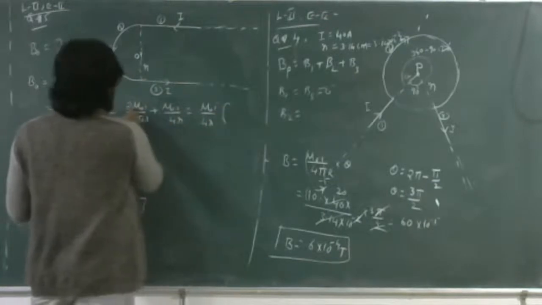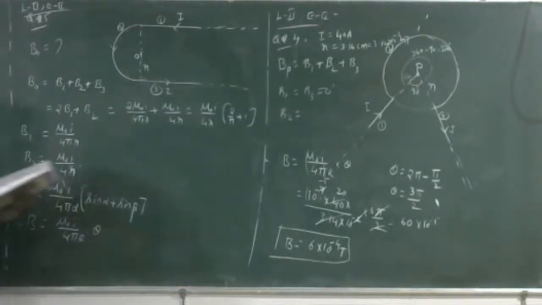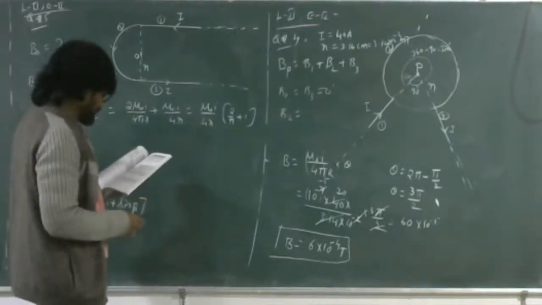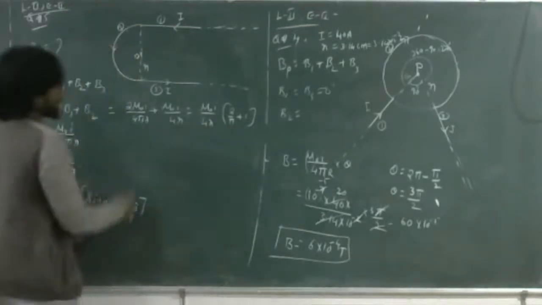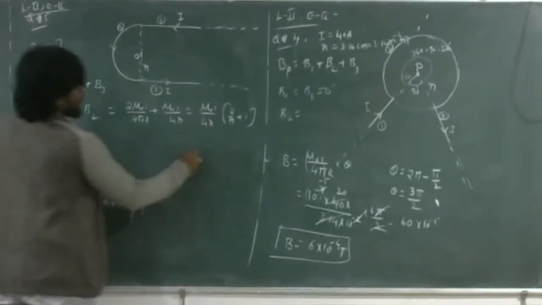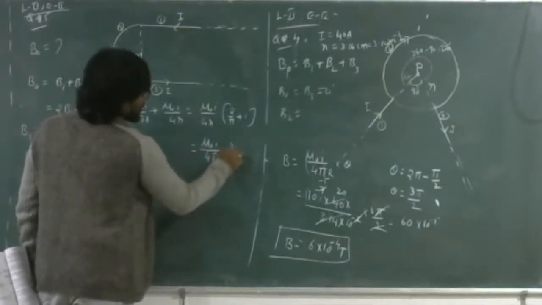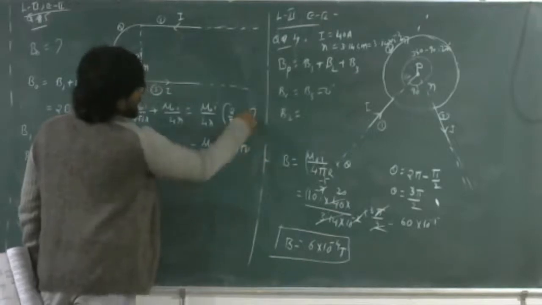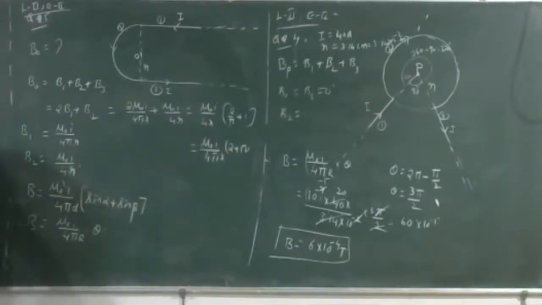You can write it as 2 plus pi, and this pi will come here. So it is equal to, we can also write this as mu naught I by 4 pi r into 2 plus pi, 2 plus pi all divided by pi. That pi you can write here. So it becomes mu naught I by 4 pi r. So option 4 is the right one.